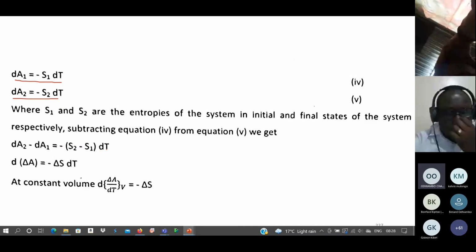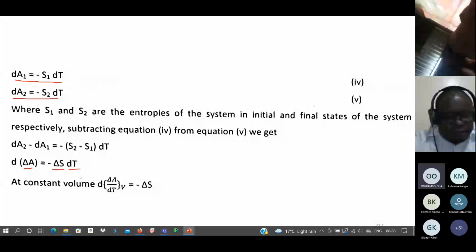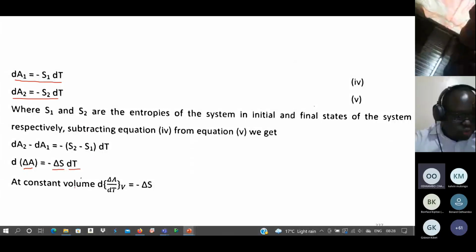Okay, so this essentially can also be expressed as d(change in A) is the same as minus change in S dT, at constant volume.